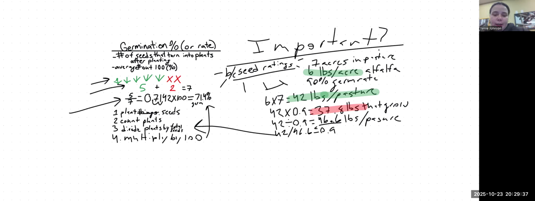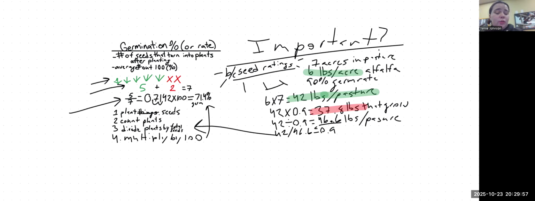And you can kind of see the difference in those numbers. So if I just bought 42 pounds of seed at $1 a pound, I'm spending 42 bucks.